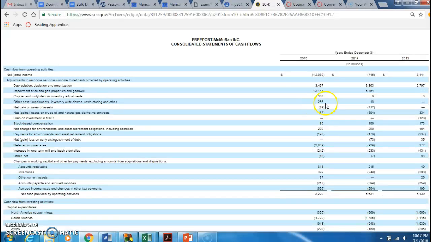So for example, the 39 million under 2015, these gains will be subtracted, and so you could look at them as decreases in cash, or the payments, and any losses would actually be added back.